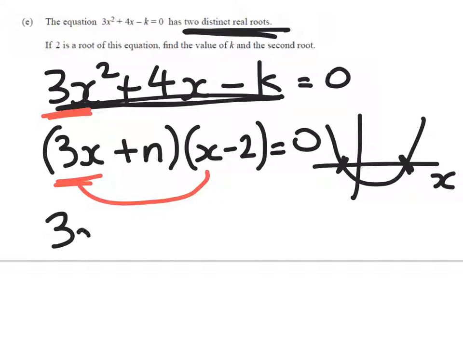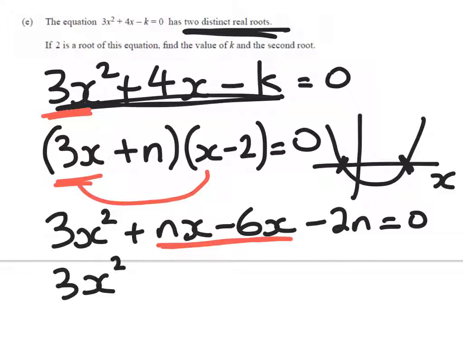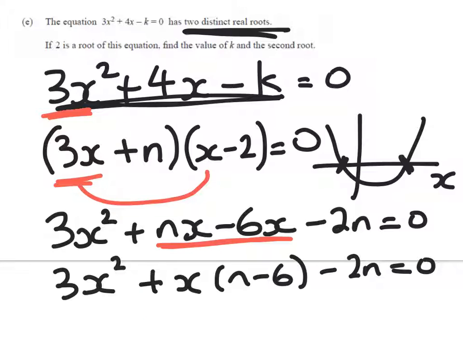Well, I'll get 3x squared plus nx minus 6x minus 2n equals 0. We can collect up like terms here, and we'll have 3x squared plus x times n minus 6 minus 2n equals 0.